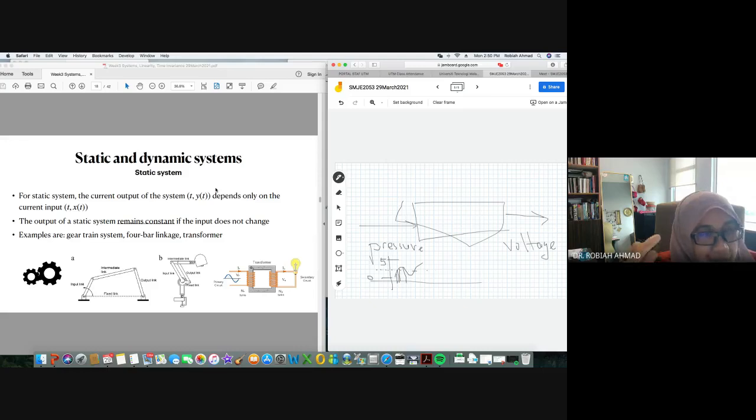In terms of when we studied mechanical or statics, static is defined as the summation of forces equal to zero, meaning it is in equilibrium. The output of a static system remains constant if the input does not change. It changes only at that particular time, exactly y(t) equals x(t).